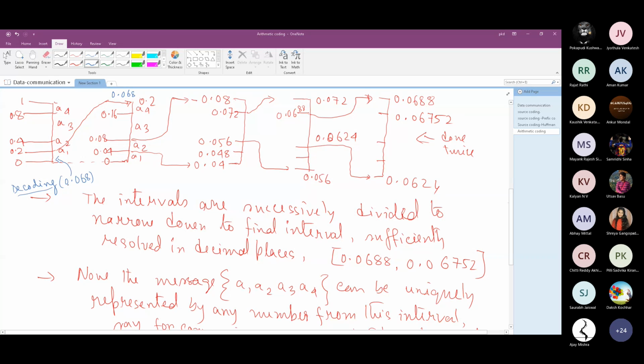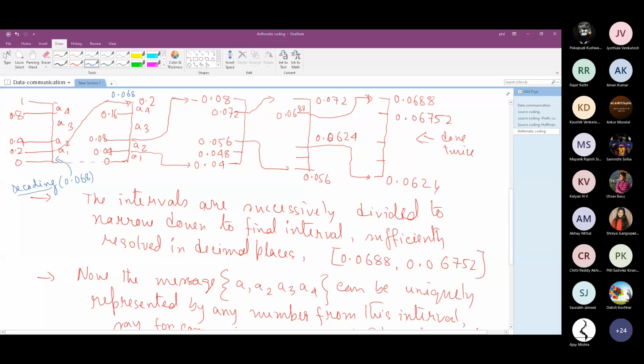That 0.068 belongs to the first interval. Now we subdivide 0 to 0.068 in the similar fashion as before.